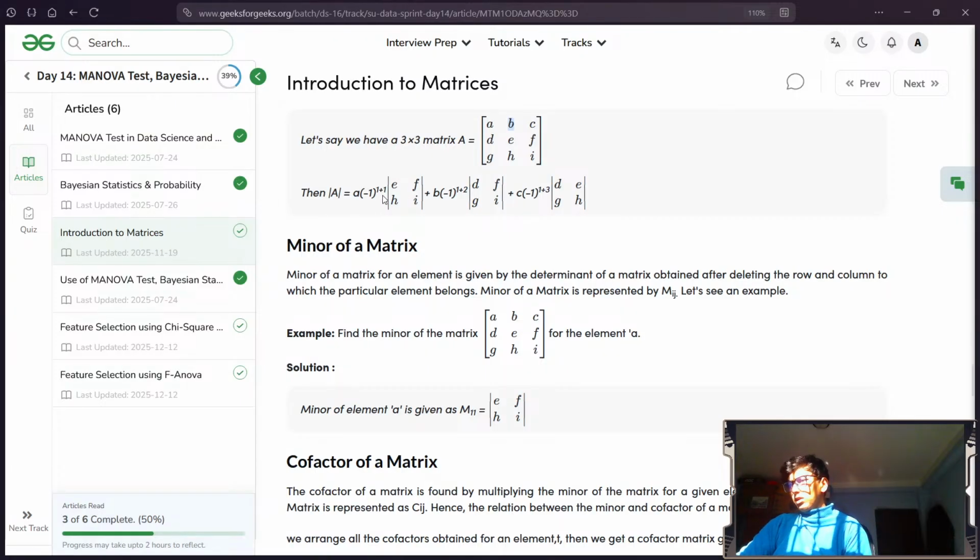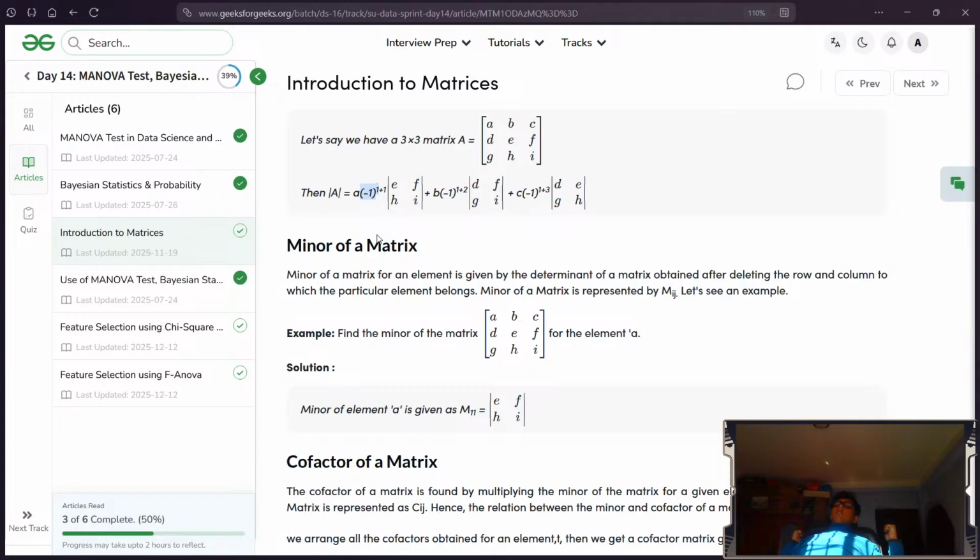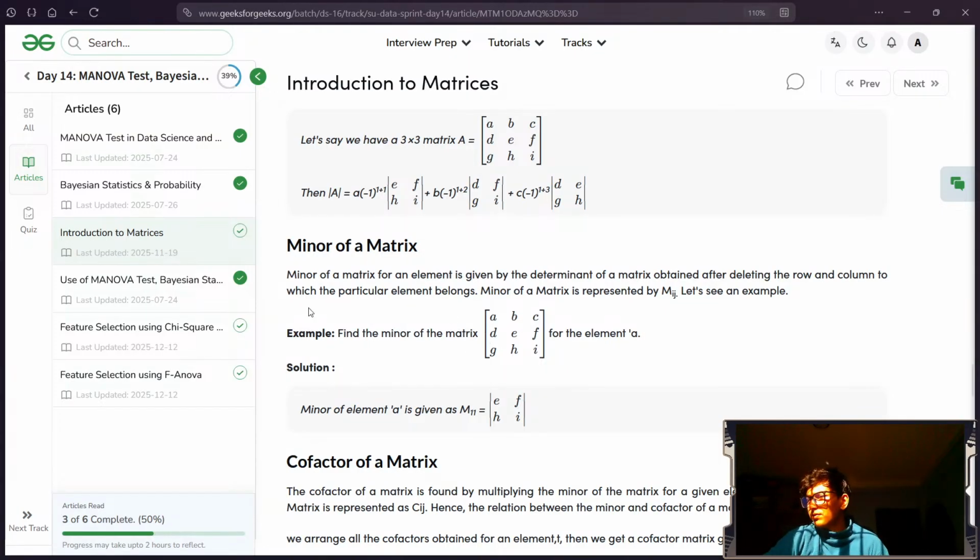It is just shown here that minus 1 to the power 1 plus 1, which is a square, so this will be nulled out. It will just be 1, because the square of minus 1 is 1. Same for C, but not for B because minus 1 cubed is minus 1. Sorry. Minor of a matrix.